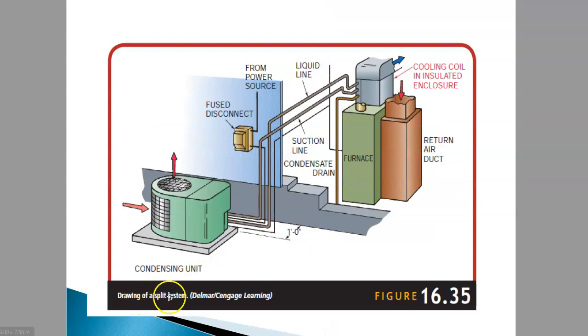This is a drawing of a split unit where we have a condensing unit outside, a fuse, a connector, a liquid line, a suction line, and a condenser drain. This is a furnace, return air duct and cooling coil in an insulated enclosure. So that's it for the split system.